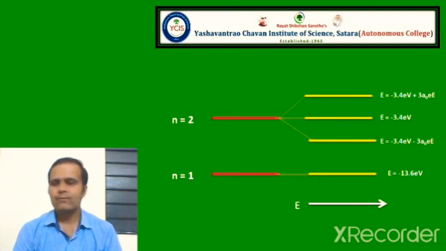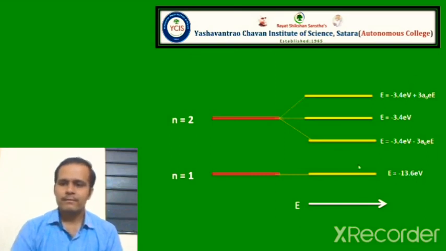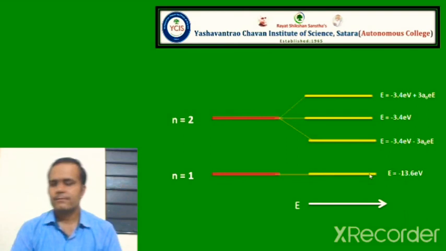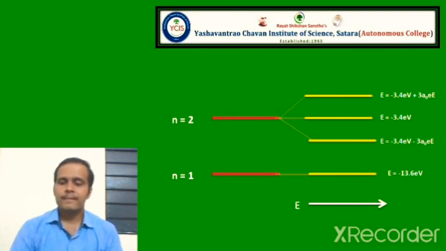So for n equal to 1, unperturbed energy is minus 13.6 electron volt, and when we apply the electric field, there is no shifting of energy, and hence we know that its correction to the energy value is also 0, hence there is no splitting.